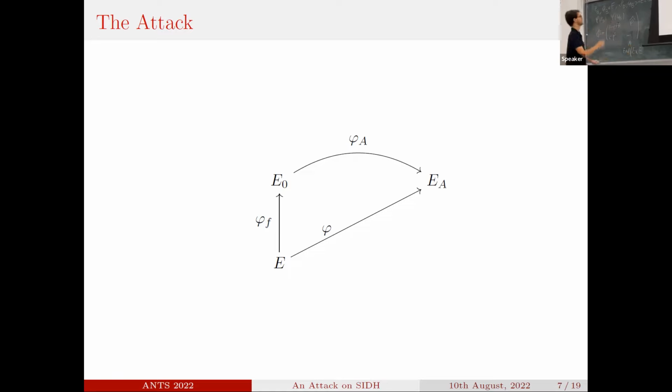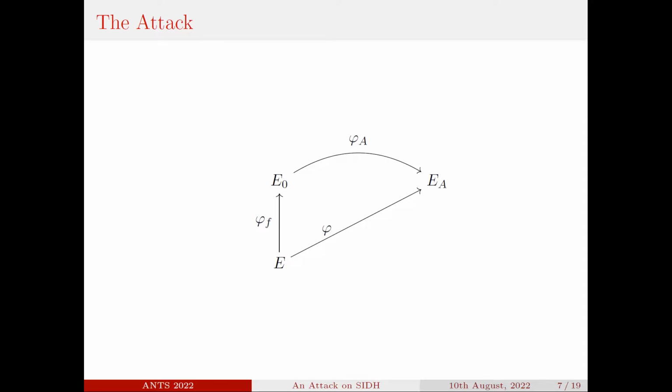So to reconstruct the kernel of this endomorphism, this one is an endomorphism of the elliptic product of E times EA. And the kernel of this endomorphism is given by PB, C phi(PB) and A QB, phi(QB).